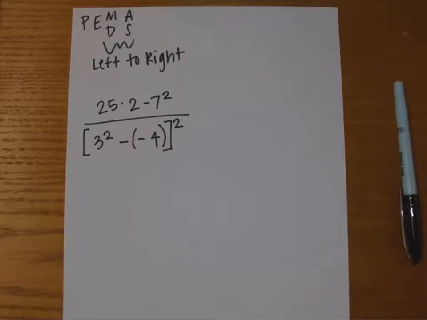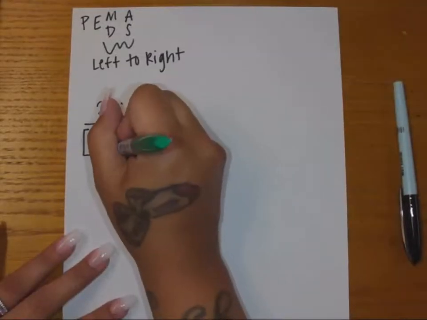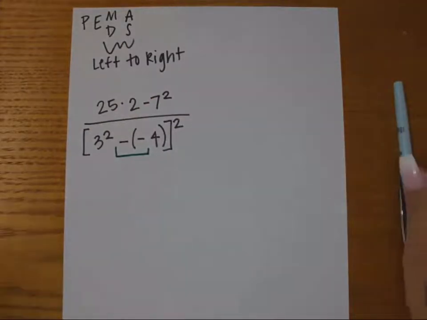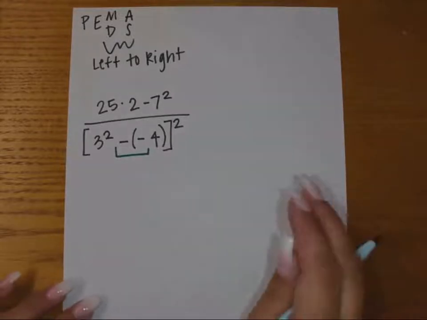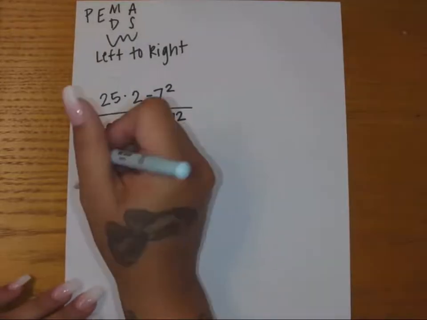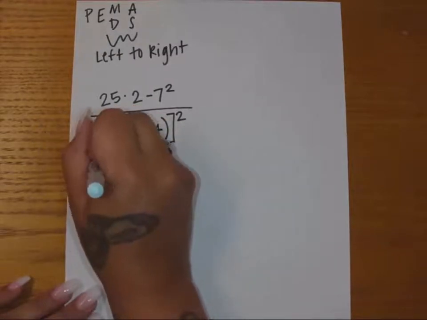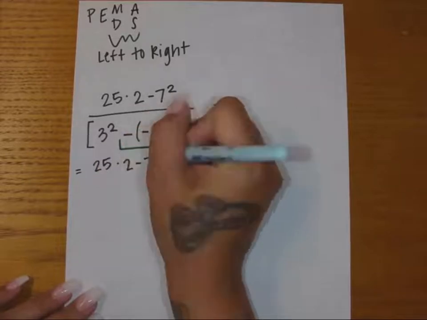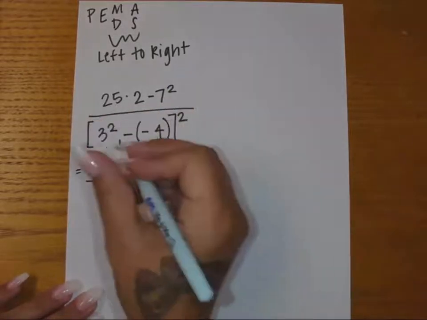I'm going to notice in the denominator that I have a negative times a negative, which would equal a positive. So I'm going to rewrite this problem. What I get is 25 times 2, minus 7 squared.